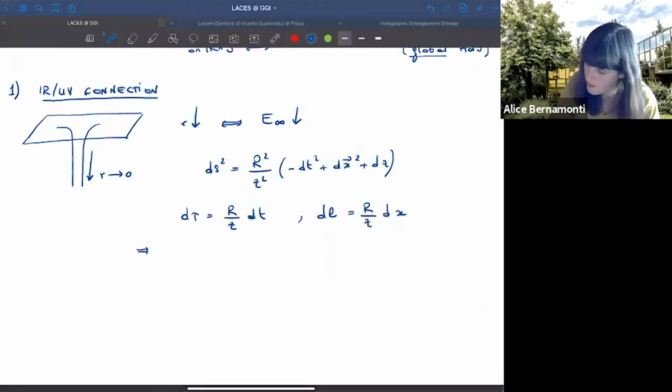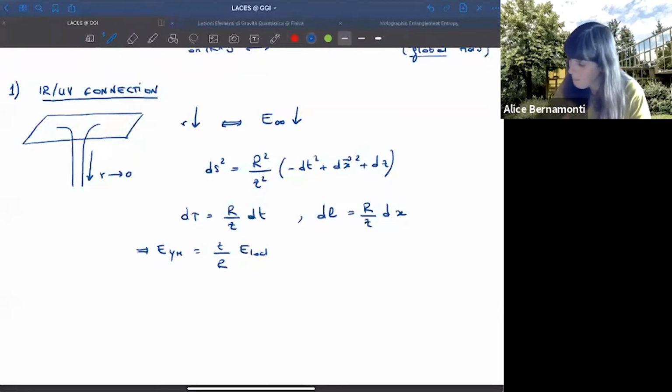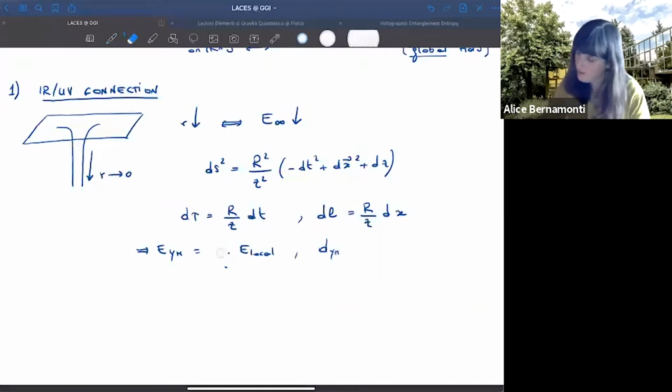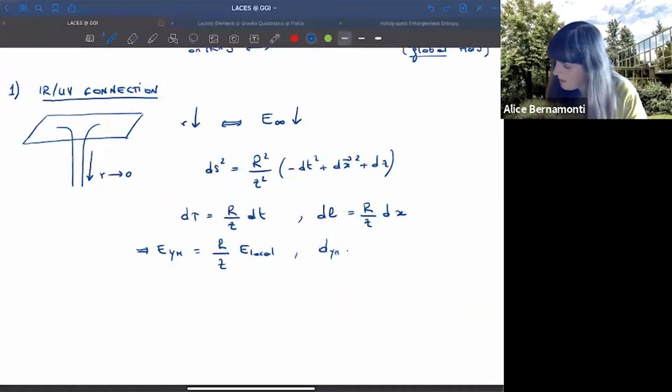The energy in super Yang-Mills is z over R times the local energy in the bulk, and distances in super Yang-Mills are R over z times the local distance.